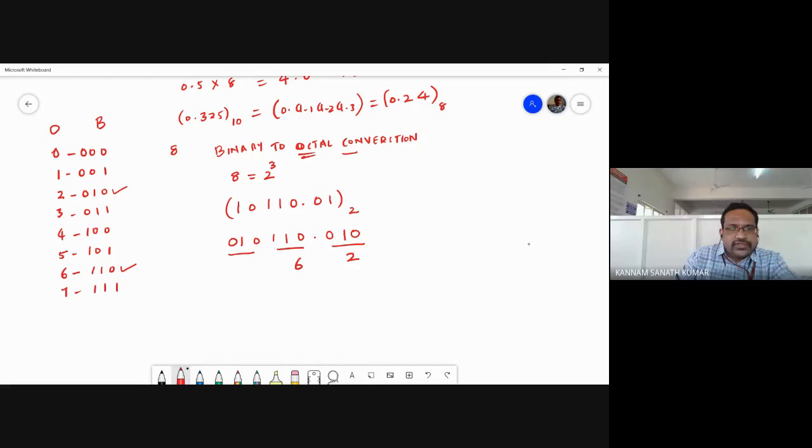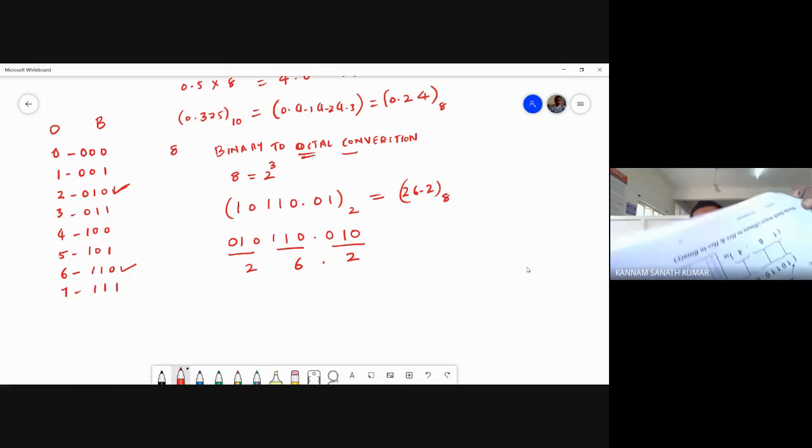And 010 is 2. So this is equivalent to 26.2 to the base 8. So by combining 3 bits, you can convert the binary number into octal.